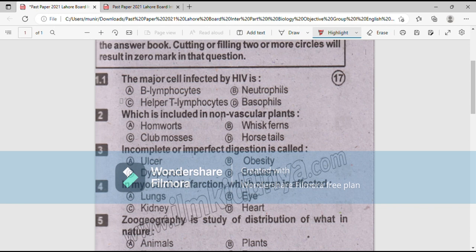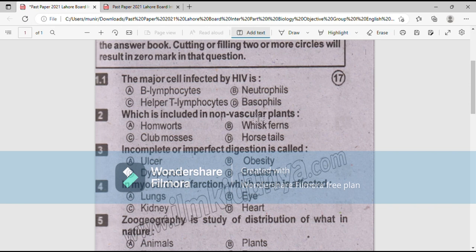Option B is neutrophils. You know that neutrophils are the first immune cells that respond against foreign cells. Option C is helper T lymphocytes, and helper T lymphocytes are very important cells that help in the activation of the B lymphocytes, or simply called B cells, to secrete antibodies.